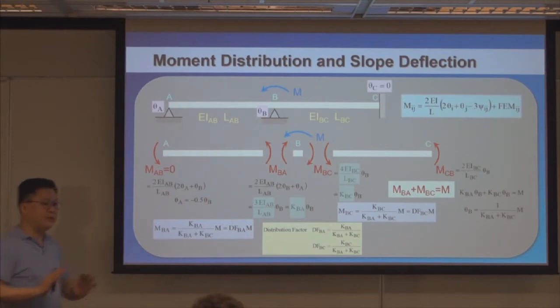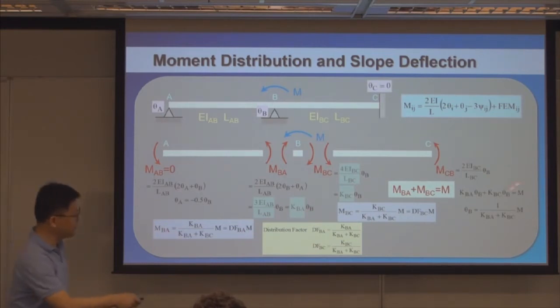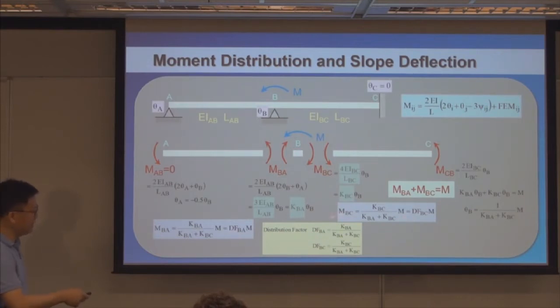So if we don't care much about the deformations, we basically can skip all the steps in the middle and directly go to calculating distribution factors and then multiply the distribution factors by the external bending moment, and then you have the end moments. So you can skip all of these. If you know how to formulate distribution factors, you can simply formulate them and substitute them in here and then get MBC, MBA.